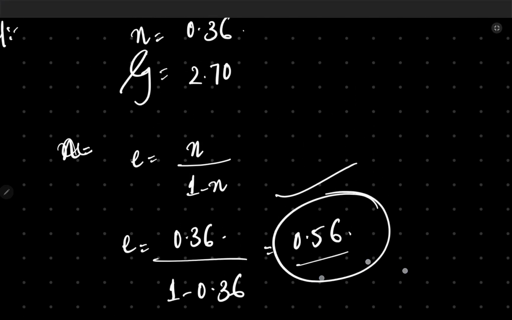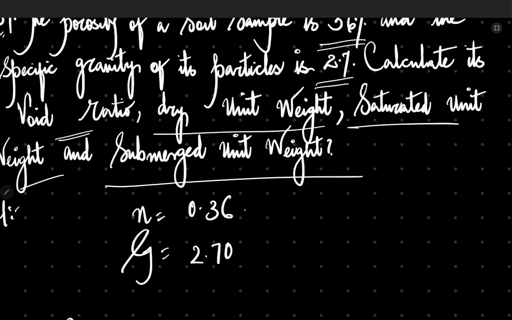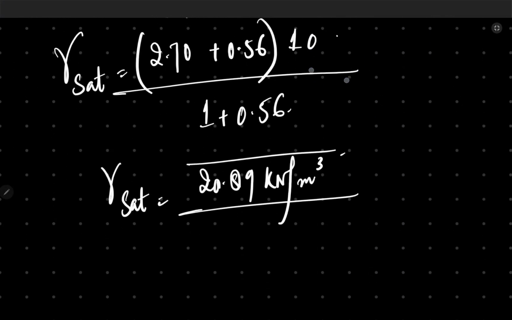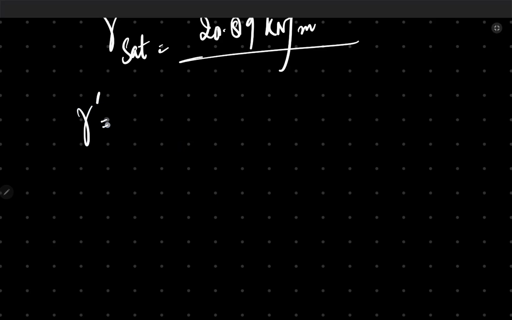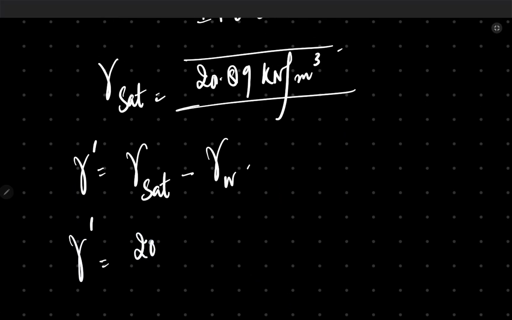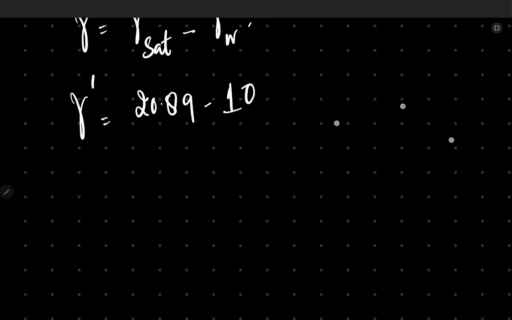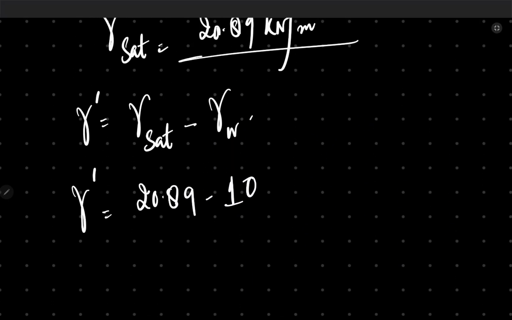The last thing that the question asks us to find is the submerged unit weight. All right, we know that submerged unit weight is equal to saturated unit weight minus unit weight of water. So saturated unit weight is how much? 20.89 kilonewton per cubic meter, and unit weight of water is 10 kilonewton per cubic meter.